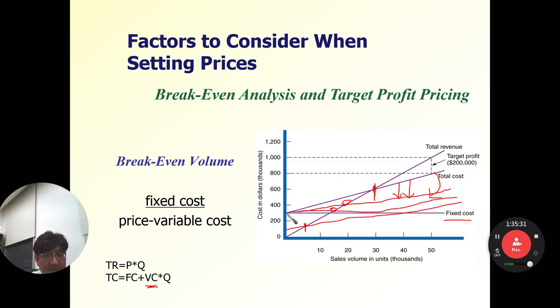But even if you keep the fixed cost at the same level, if you decrease your variable cost, which means you lower the slope of the total cost line, then you will also have a smaller break-even point.